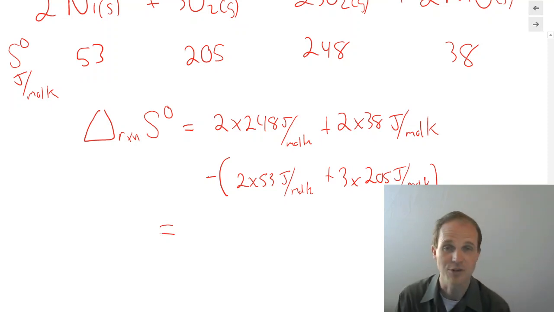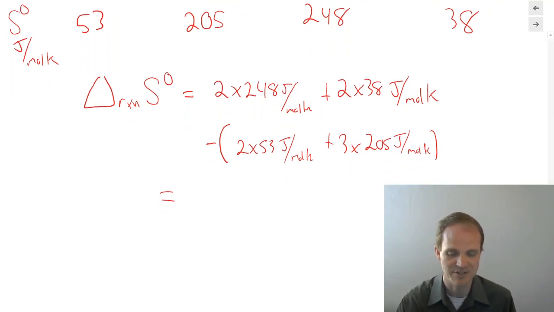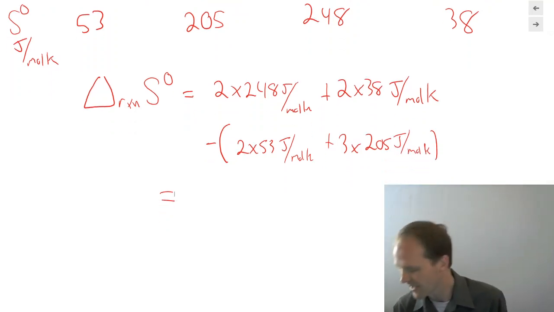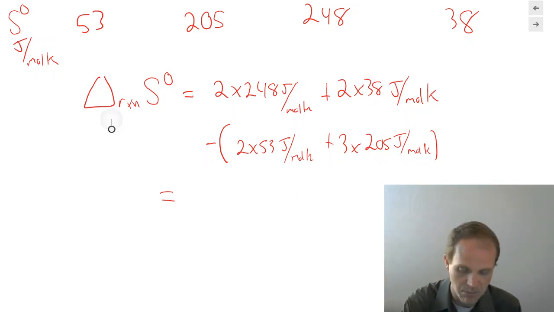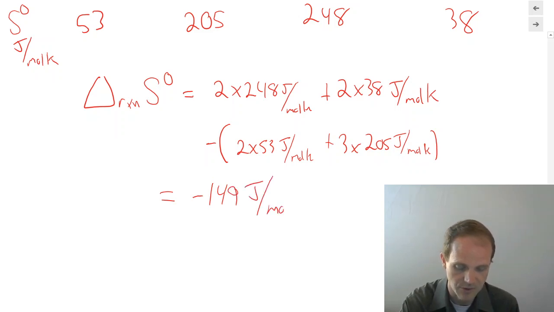We've got to make sure to put the parentheses around those last numbers, so you're subtracting both of them. That's really important. And if you calculate that, you're going to get minus 149 joules per mole Kelvin.